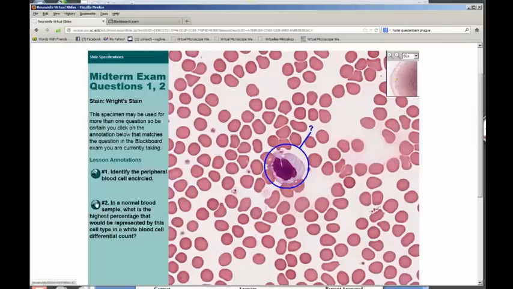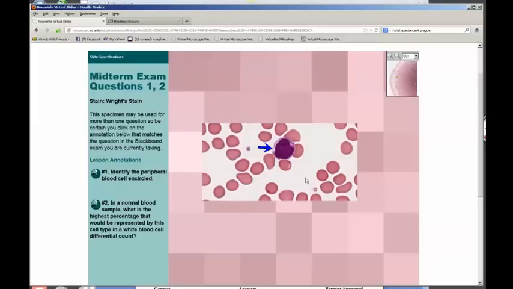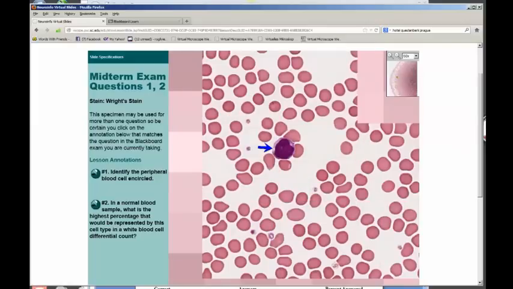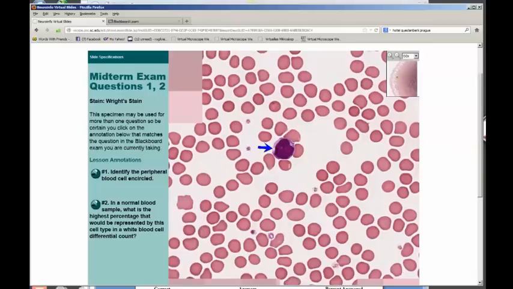The next question was, in a normal blood sample, what is the highest percentage that would be represented by this cell type in a white blood cell differential count? So, again, notice this cell is barely 1.5 times the diameter of a red blood cell, and so that would classify it as a large lymphocyte.